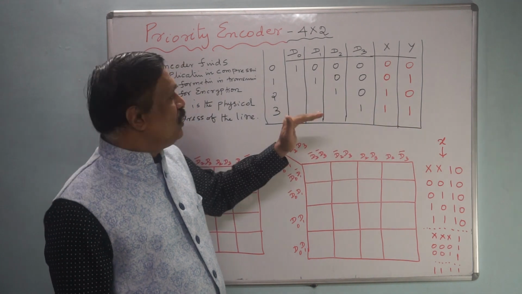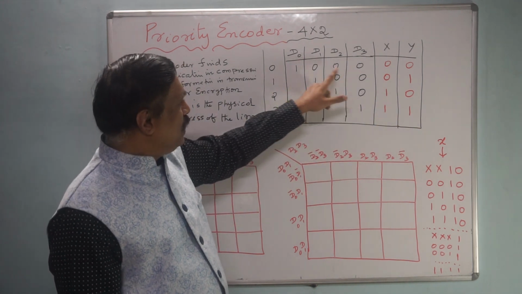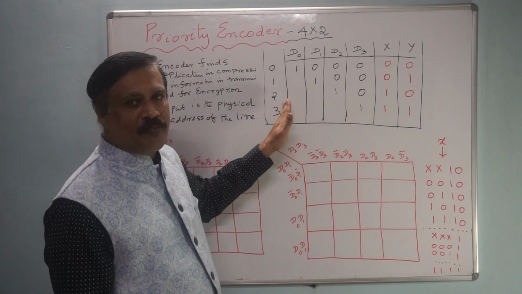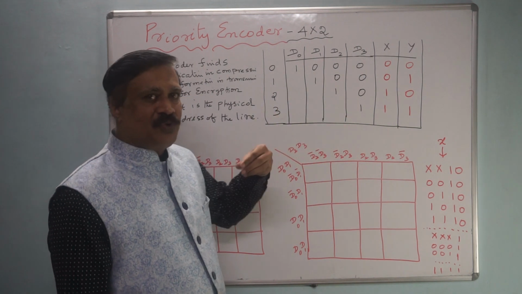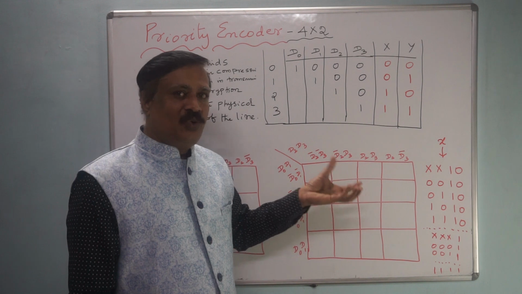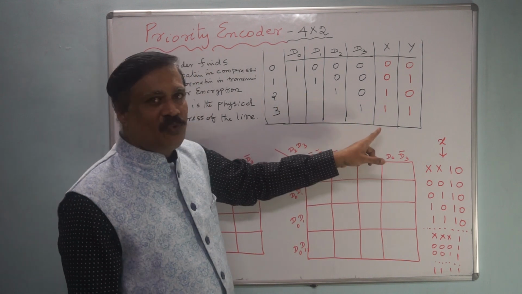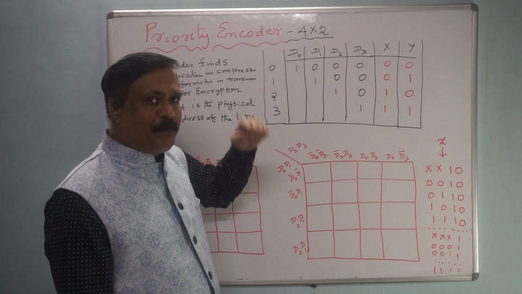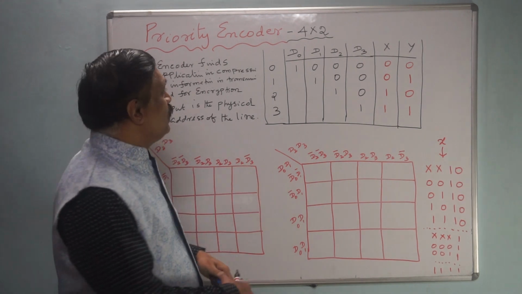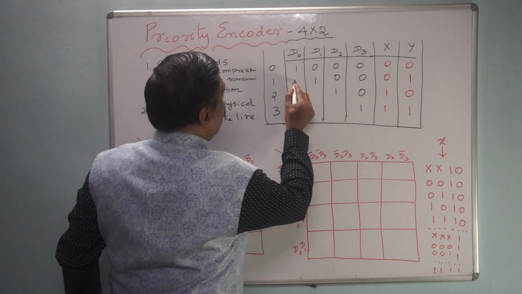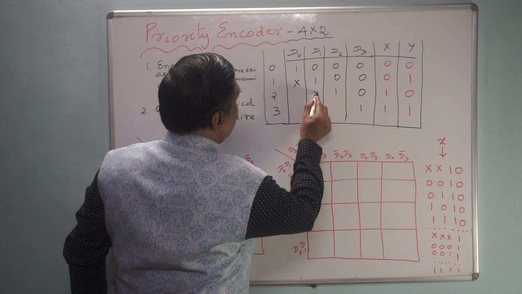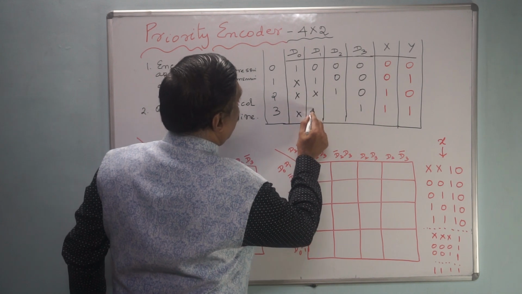In a normal encoder we put like this, and we put 0 here also. If you see the octal to binary, you can understand: only the diagonal is 1, all others are 0. But in a priority encoder, what we do is put a don't care condition here.